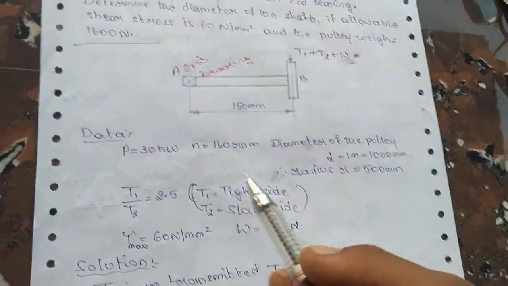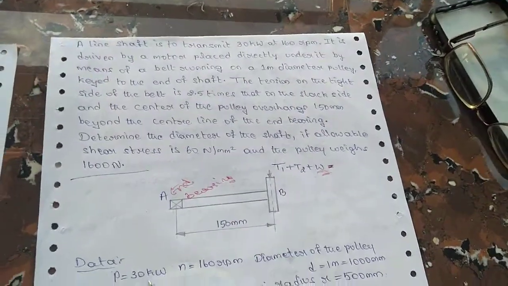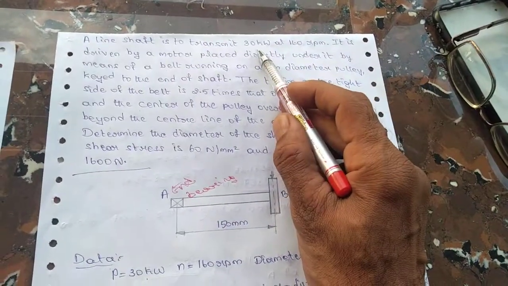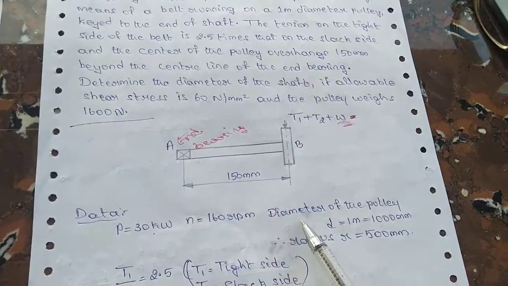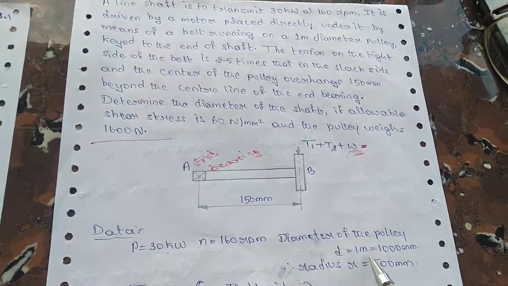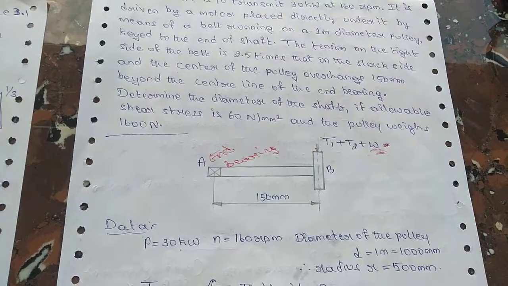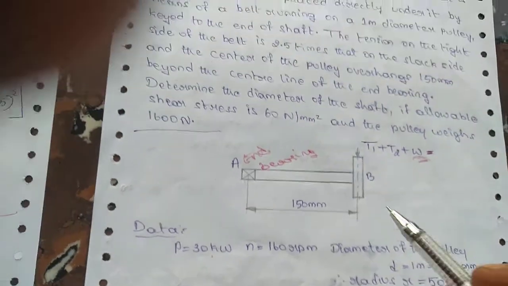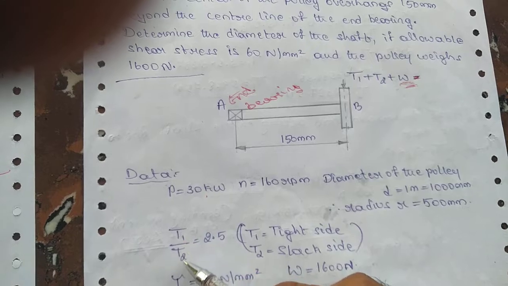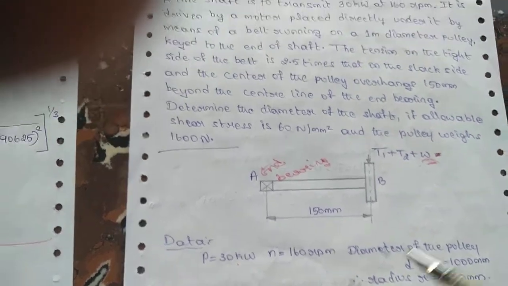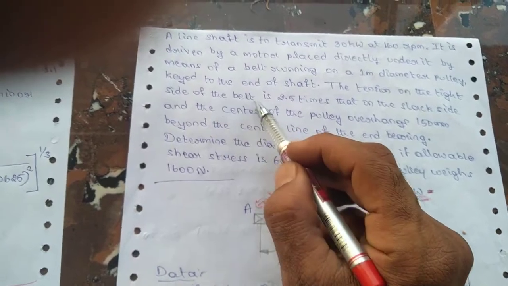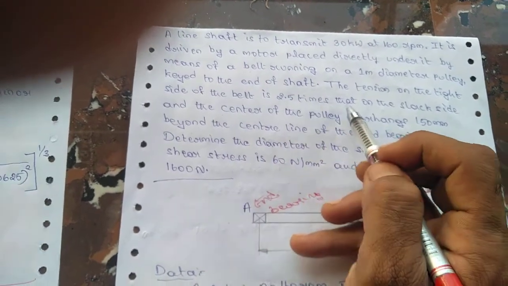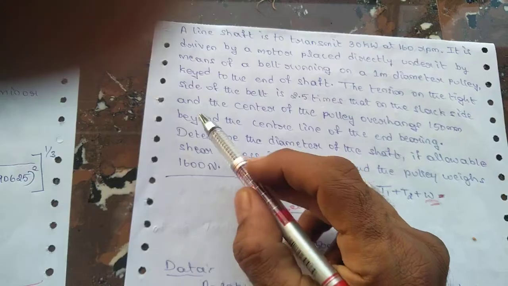So now let us see the part of data. Power is given here, 30 kilowatt, and the speed is 160 RPM. The diameter of the pulley is 1 meter. Another thing mentioned is T1 by T2 equal to 2.5, because the tension on the tight side of the belt is 2.5 times that on the slack side.